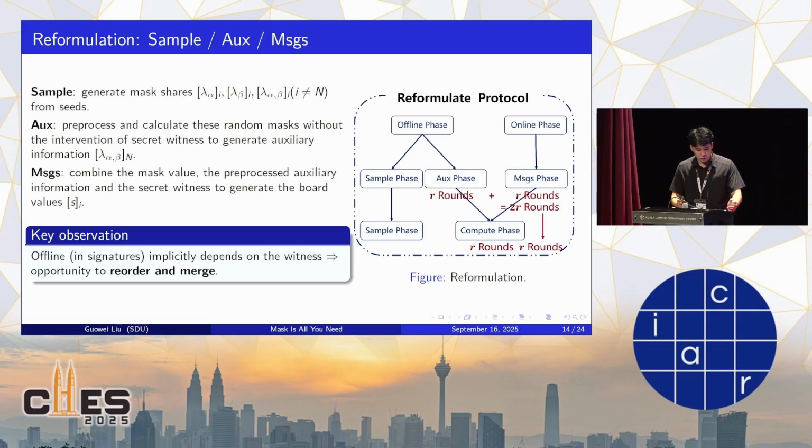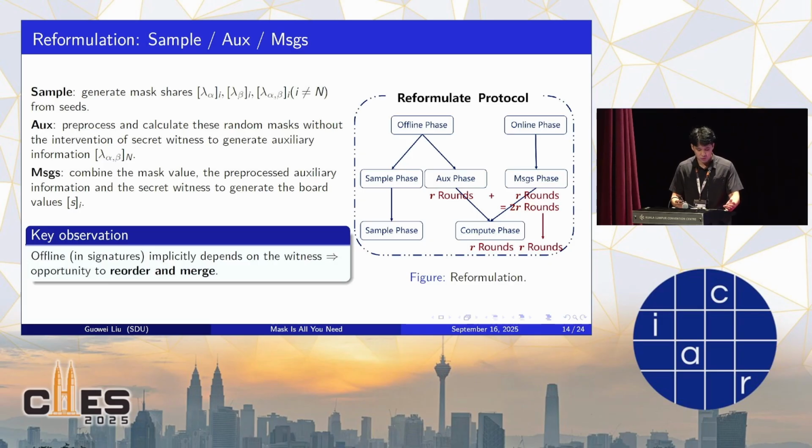In the traditional view, the auxiliary phase takes R rounds, and the message phase takes another R rounds. That's essentially two full phases over the circuit.